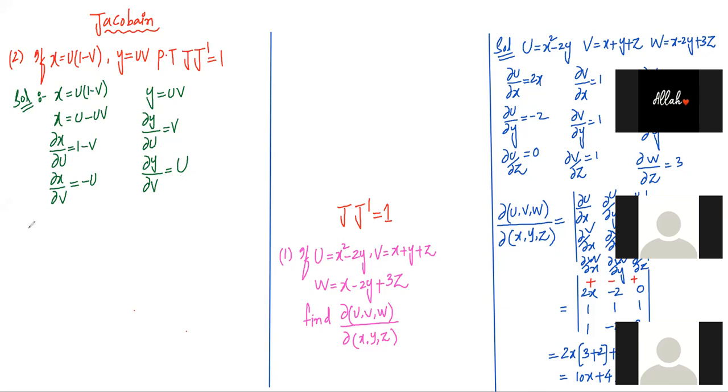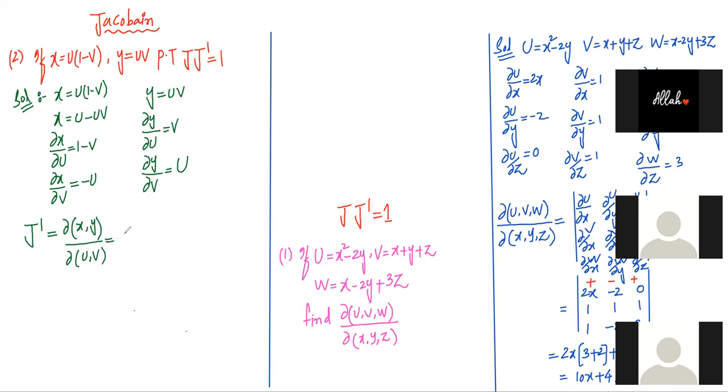Right. Now, first of all, we are going to find out the value of J dash here. J dash means what we are doing: the Jacobian of x, y with respect to u, v.